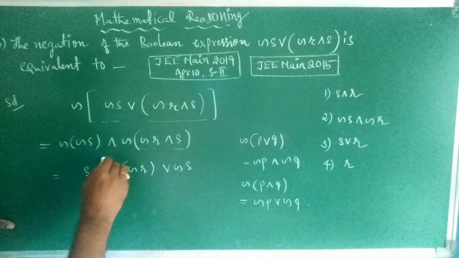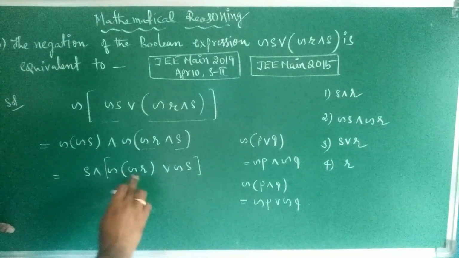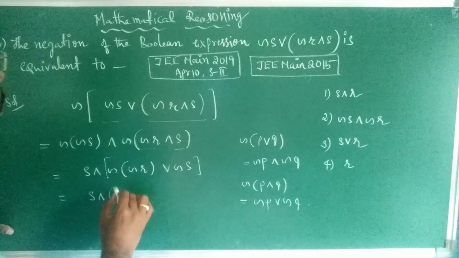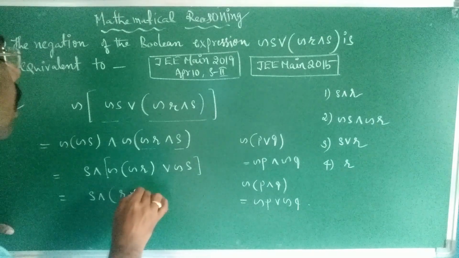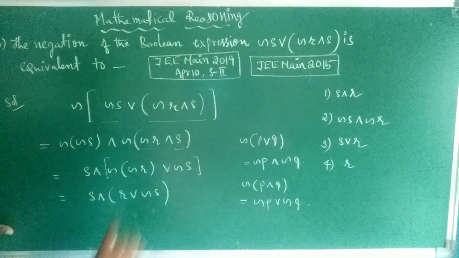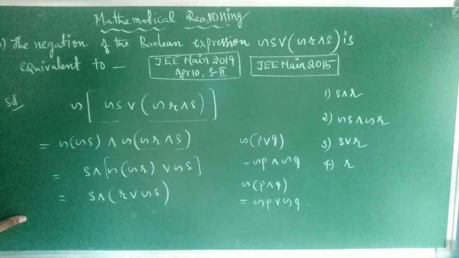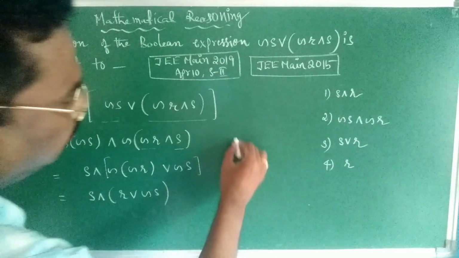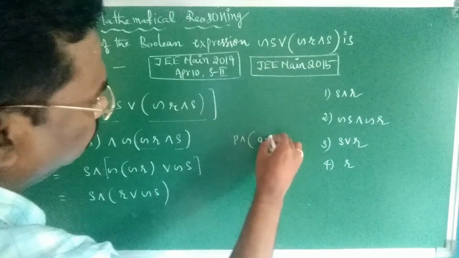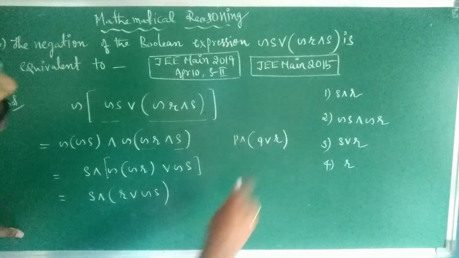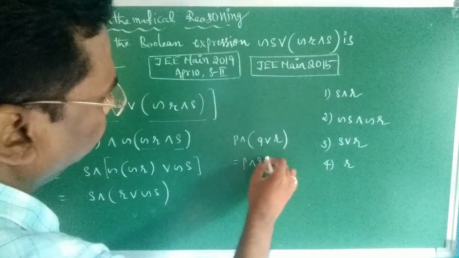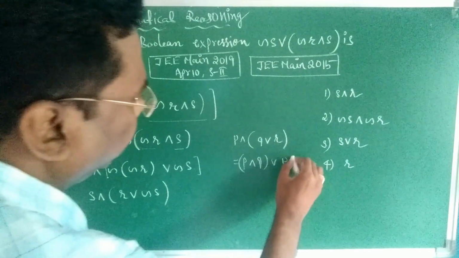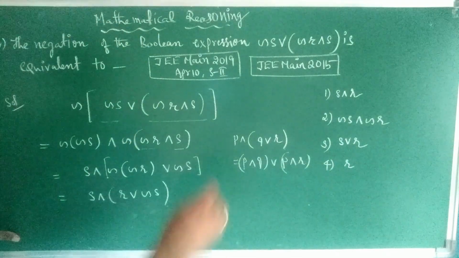Now negation of negation R, so we get S and R, negation S. Now P and (Q or R) is equal to (P and Q) or (P and R).